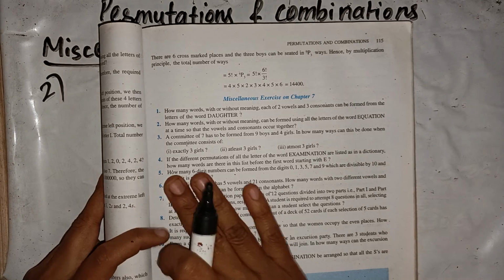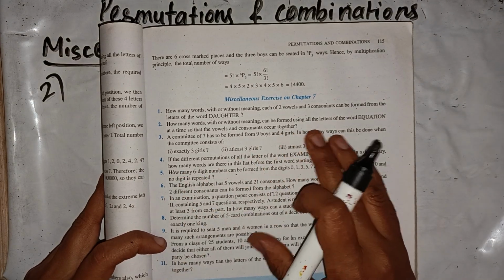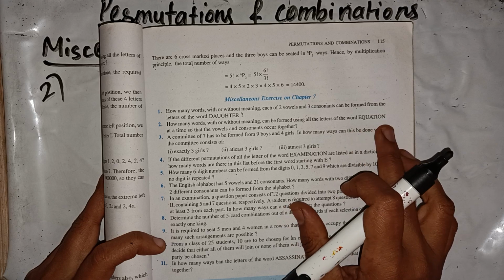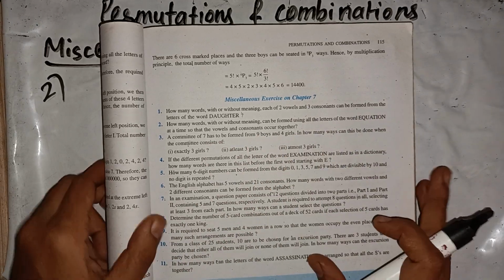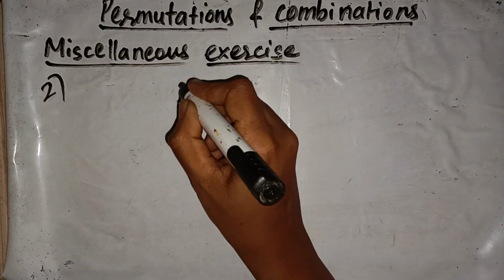Second question. How many words with or without meaning can be formed using all the letters of the word equation at a time so that the vowels and consonants occur together? Okay. So equation.